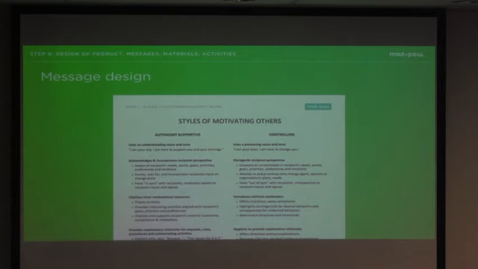So we have guidelines that are pretty general for writing messaging, as far as language that supports autonomy. We want to lean that way. We want to lean away from messaging that is controlling, that's dictating what to do, and try to empower people.